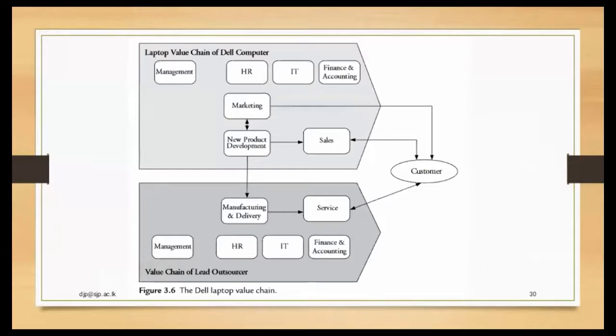But in actual sense, manufacturing and delivery and the services of these computers are done by some other organization, right? So the outsource organization will manufacture and deliver the product to the customer, and they provide the related services, right?